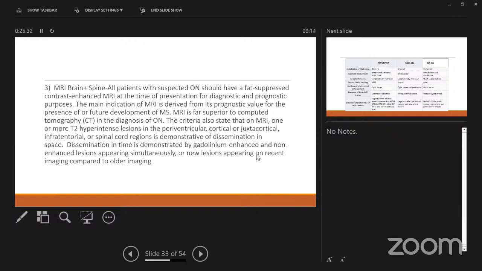The first thing is to rule out multiple sclerosis because that is the commonest disease to be associated with optic neuritis. And second, you go for other antibody tests, etc., if it is an atypical optic neuritis to begin with, or the patient has other neurological symptoms to start.